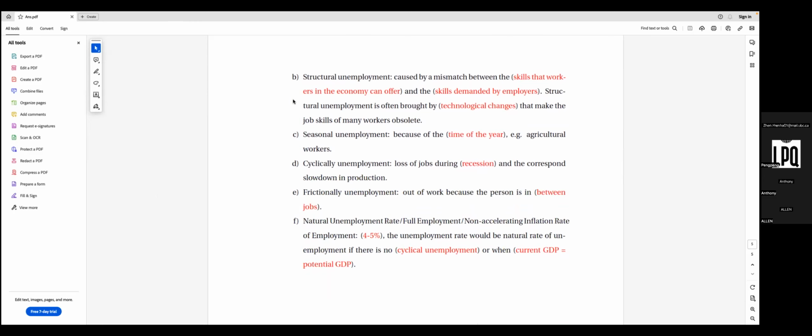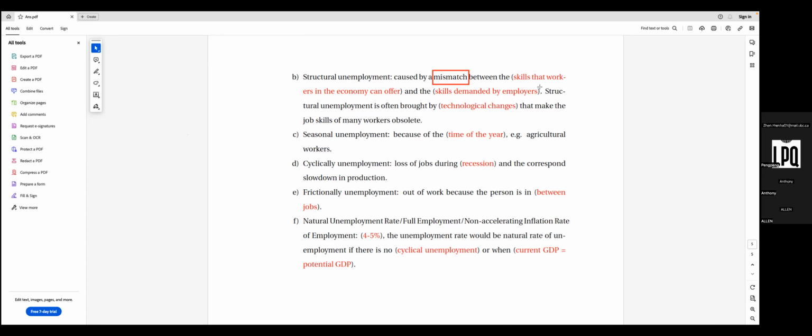Number B, the second type of unemployment is called structural unemployment. One key word that can really help you understand this type of unemployment is mismatch.